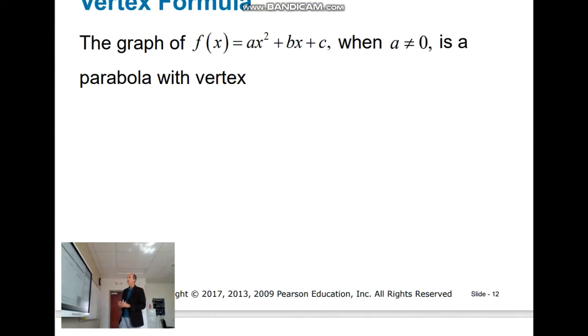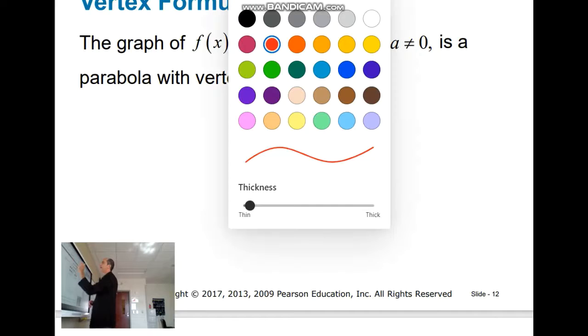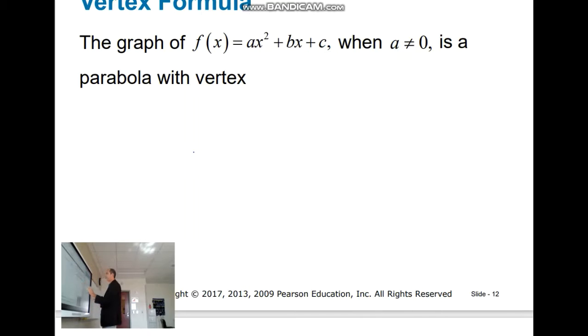The formula to find the vertex is based first on this number here, which is the coordinate of the axis of symmetry. You can actually figure it out for yourself, but this is going to be the midpoint between the two x-intercepts of a parabola.